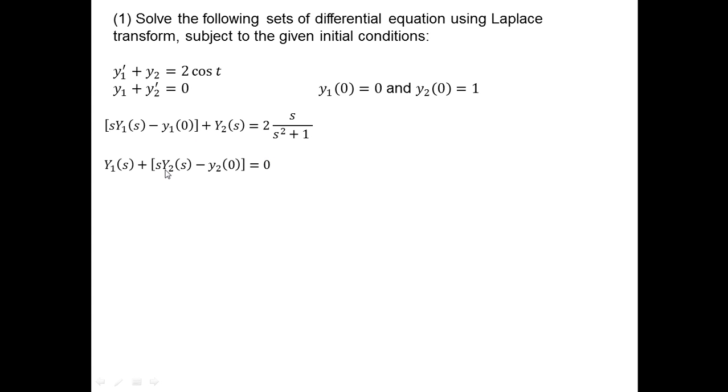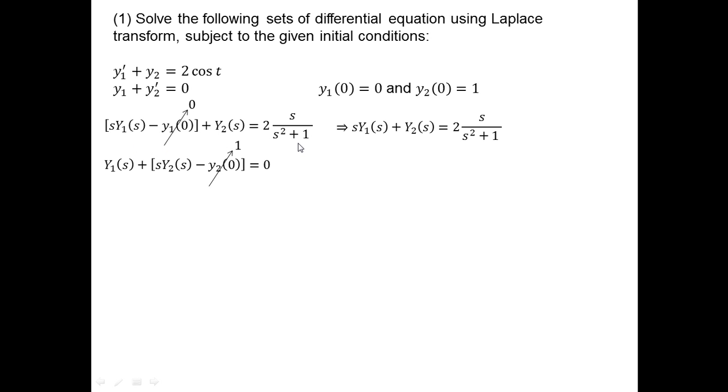And for the second one, I have Y1(s) plus sY2(s) minus y2(0), which y2(0) is the initial condition of the function y2(t), equal to 0. If I apply the initial conditions to the system, I have y1(0) equal to 0 and y2(0) equal to 1.